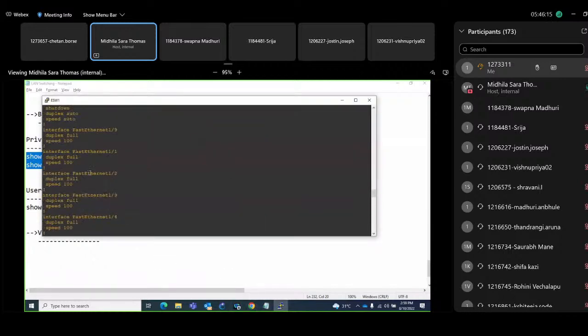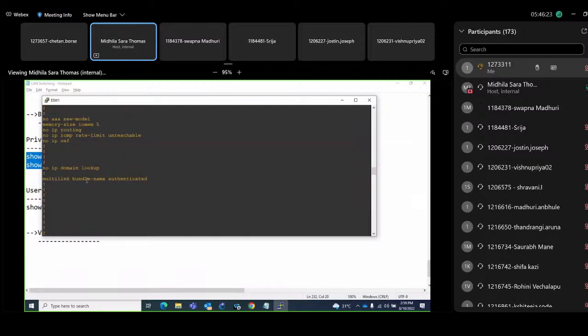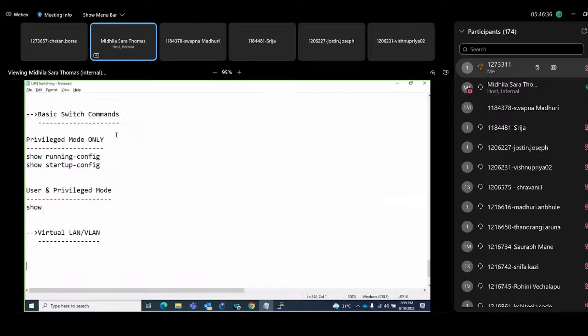In show run, you know, right, you see the IOS version, the host name, and all the interfaces, some basic details like the host name, the IOS version, the interface details, all those things. Fine, is it clear?